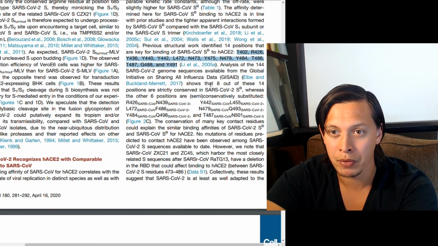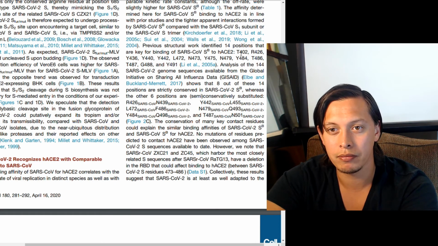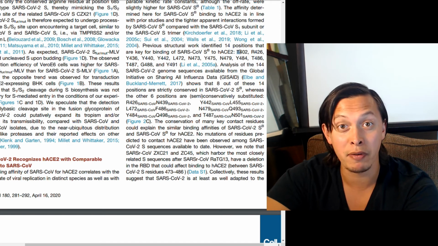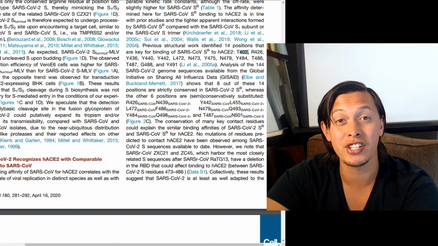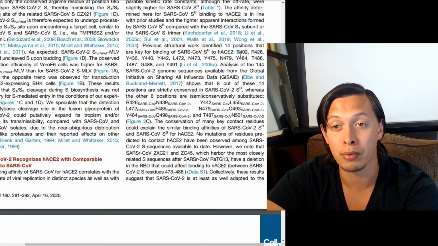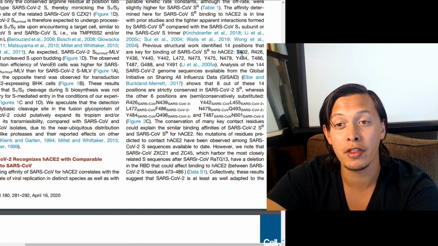Just so you know, the letter denotes a specific type of amino acid, and the number associated with it is the numbering position of that amino acid in the protein. So here we have threonine 402.